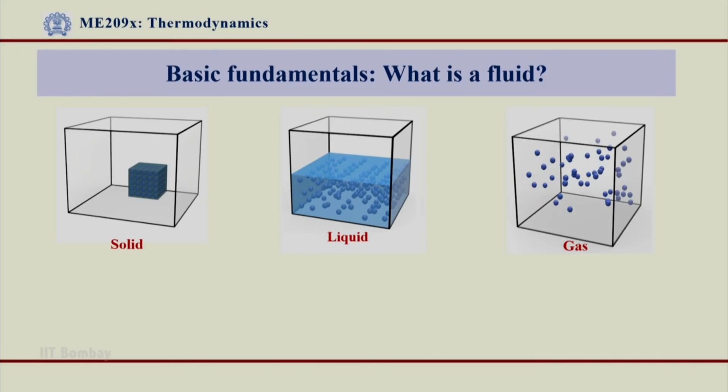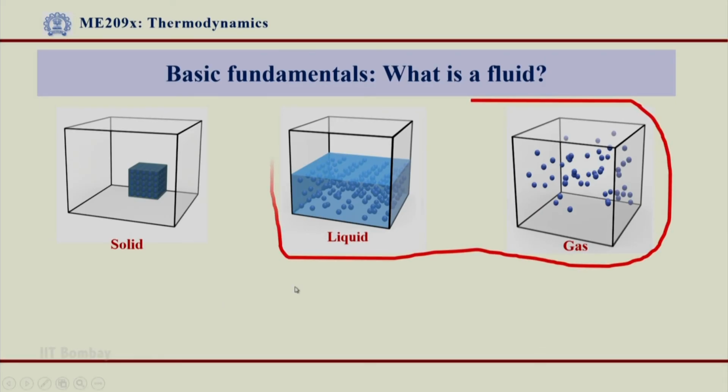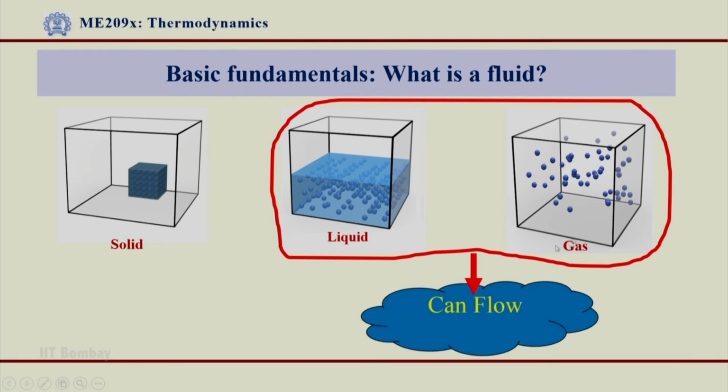So, now from there we can see that the liquids and the gases could actually flow, and because of this property that they can flow, they could take the shape of the container itself. Therefore we say that the liquids could flow, the gas could flow, and that is why they are called fluids.